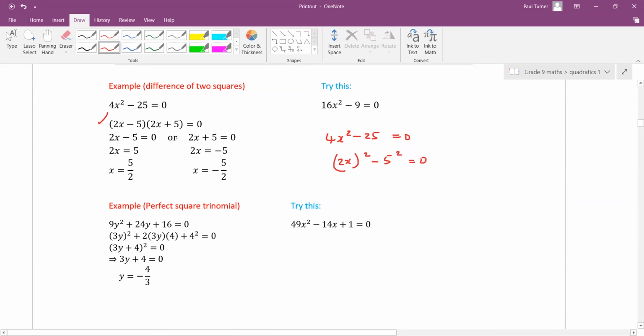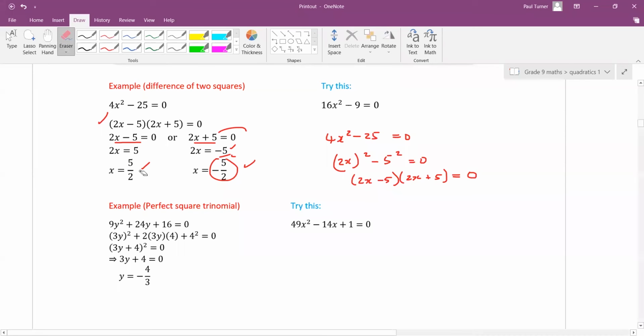And then we use our difference of squares rule to factorize. So you get 2x minus 5 here, 2x plus 5. Just like last chapter. And then we let both of those equal 0. Put your 5 over, divide by 2. You get 5 on 2 here. In this one, put the 5 over, you'll get minus 5, and then divide by 2 again. So you get minus 5 on 2.